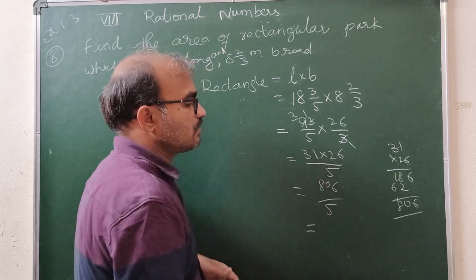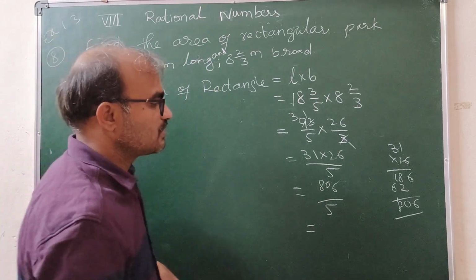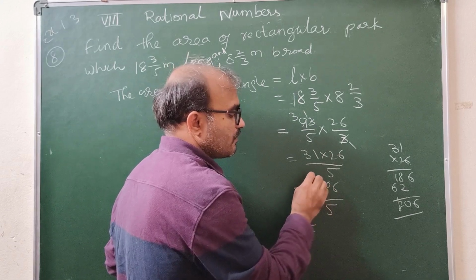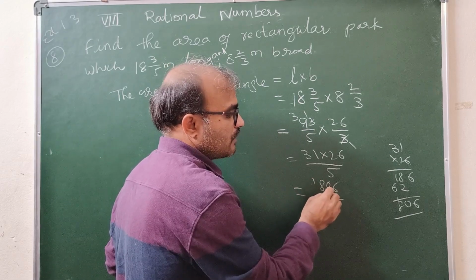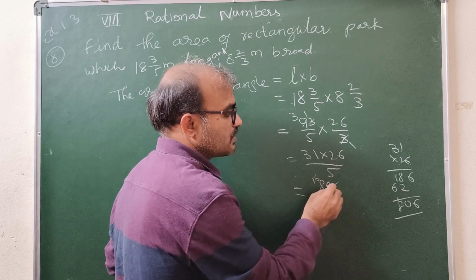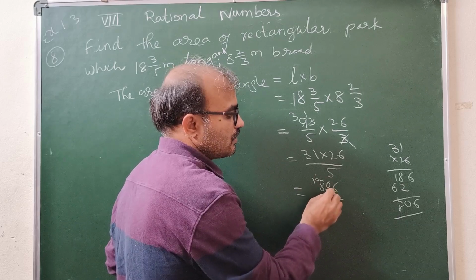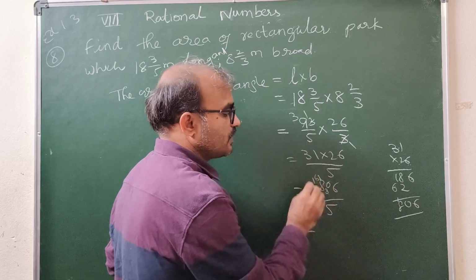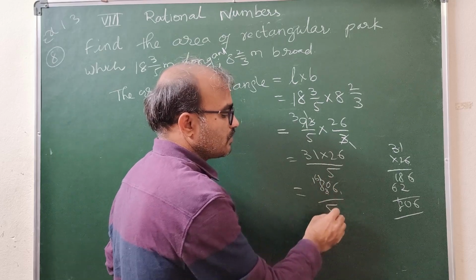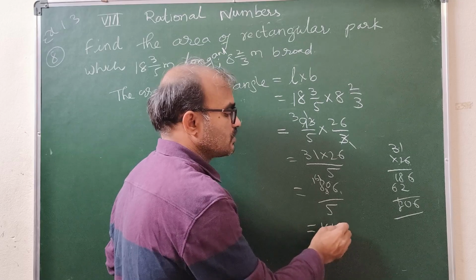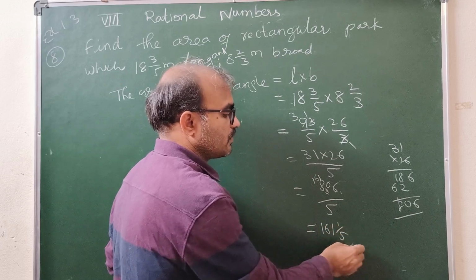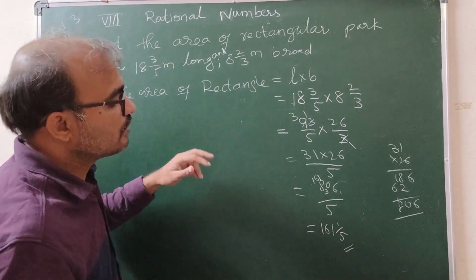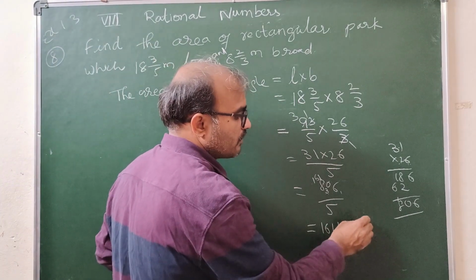You convert this into a mixed fraction. Divide: 5 ones are 5, 3 will remain, 5 sixes are 30. Again 6 is there, 5 ones are 5, so 1 will remain. So it is 161 1/5, right? Here meters are given, no? So the unit of area will be meter square.